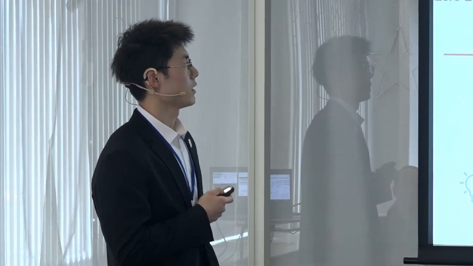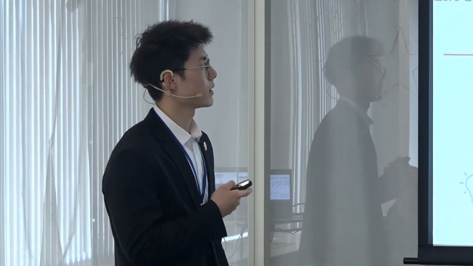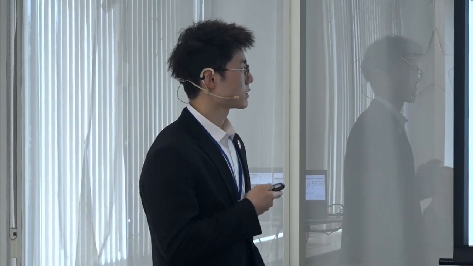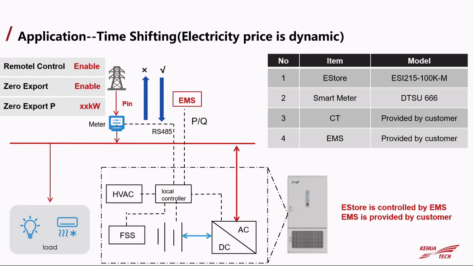And for this time shifting, the last case is when the electricity price is fixed. If the electricity price is dynamic, it's usually set by the market, so it changes every day. In this situation, we need a third party like an energy management system to manage the whole energy storage system to discharge and charge.